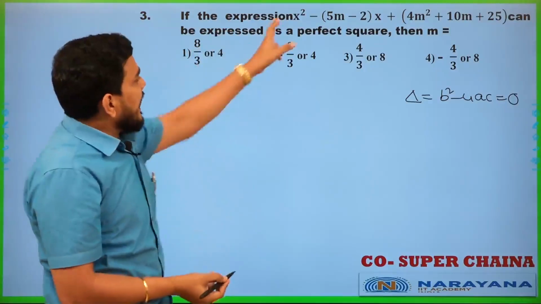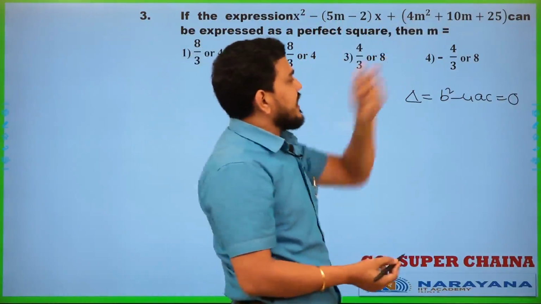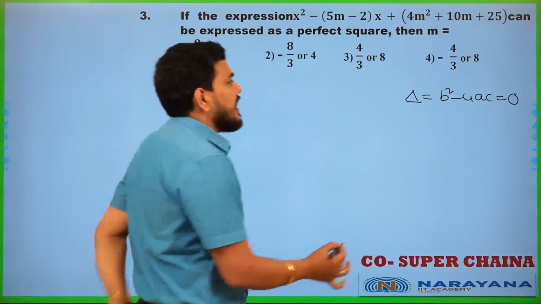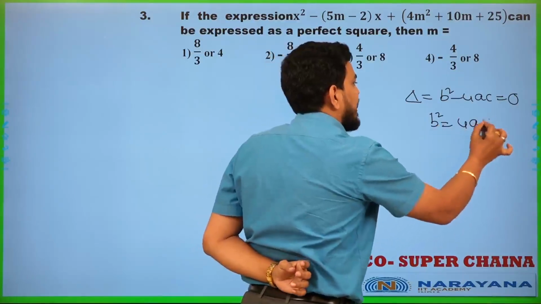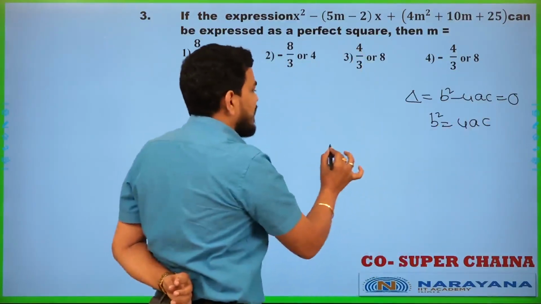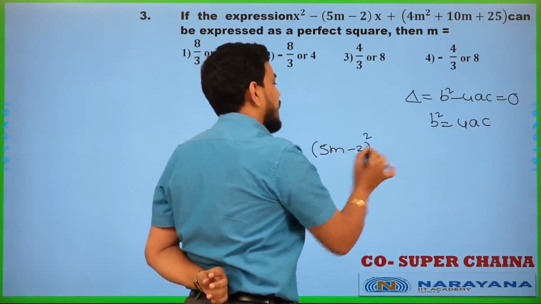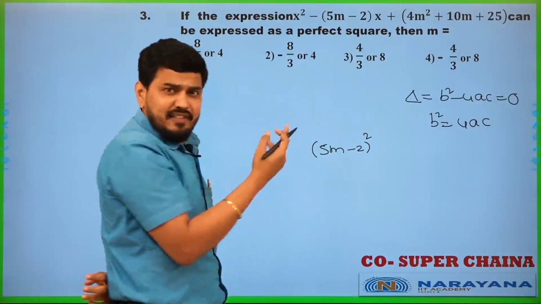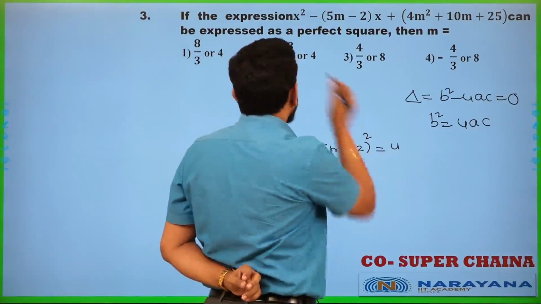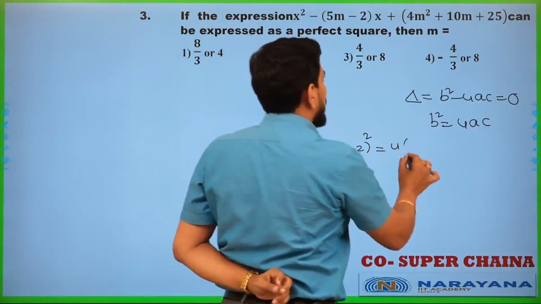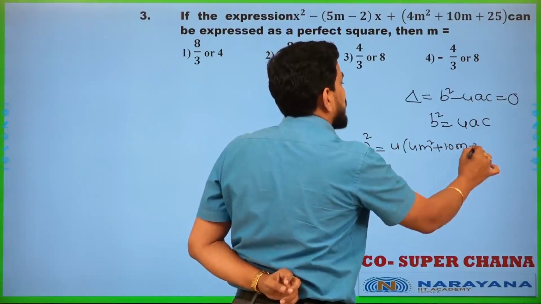Look here, a is 1, b is minus of 5m minus 2, and c is this. So straight away you can say b square is equal to 4ac. So b square is (5m minus 2) whole square, because the minus anyway we are squaring, that minus is eliminated, is equal to 4 into a is 1 into 4m square plus 10m plus 25.